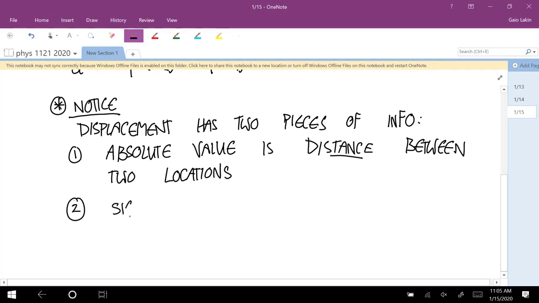And the sign is the net direction the object has moved over that time interval.